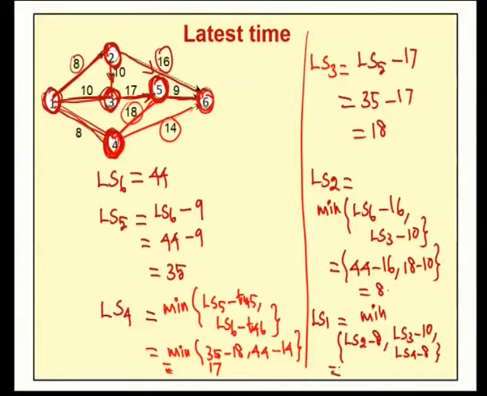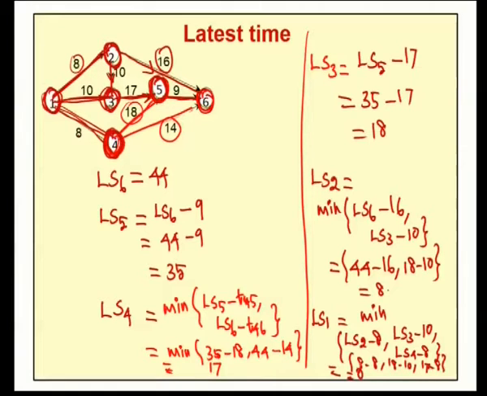Now, our LS2 value is 8, so 8 minus 8; the LS3 value is 18, so 18 minus 10; and the LS4 value is 17, so 17 minus 8. Among these three values, the minimum is 0. Therefore, for node 1, the latest starting time is 0.